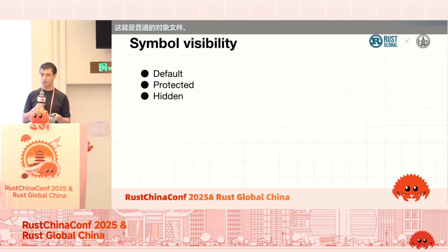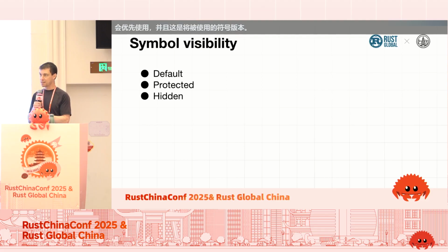For shared objects, we have symbol visibility, which is kind of a similar idea, but a bit different. So default visibility means that the symbol can be defined in one shared object and referenced in another one. It can also be defined in multiple shared objects, and whichever shared object is earlier in the load order will get priority, and that's the version of the symbol that will be used.